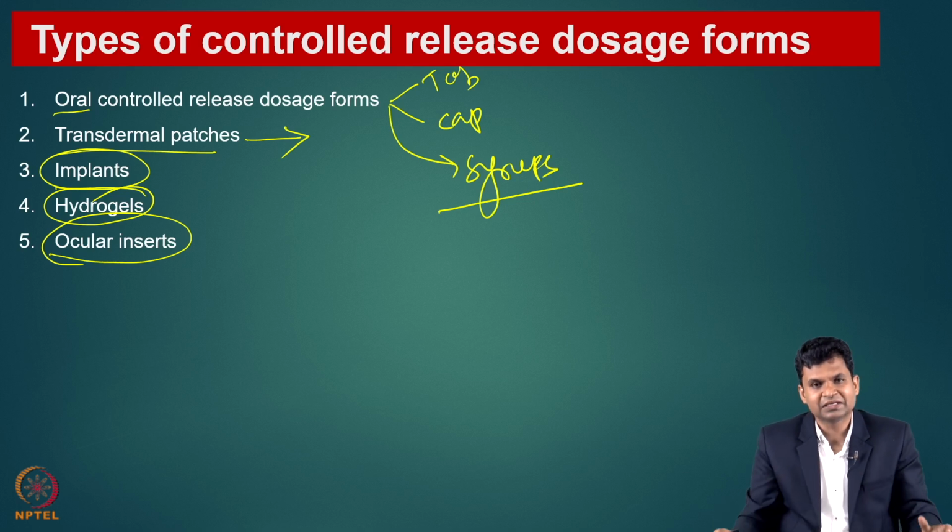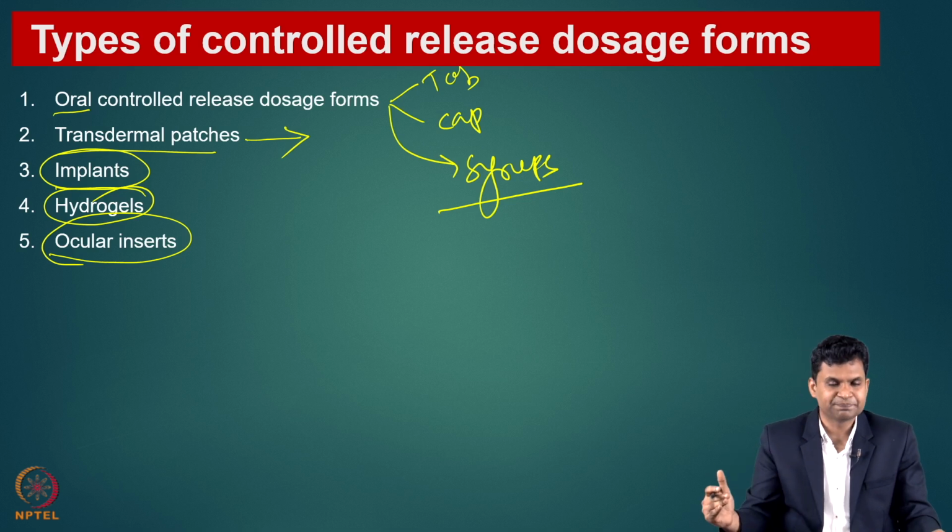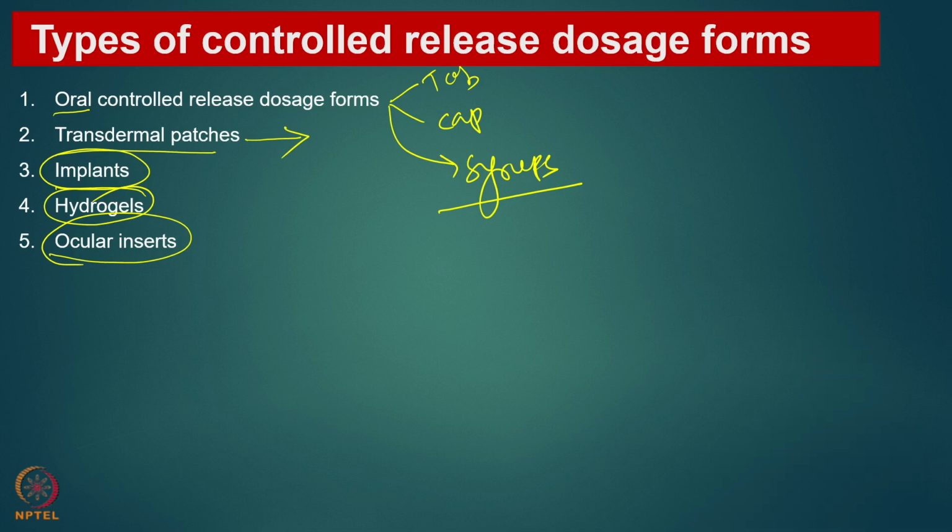We can also make various types of parenteral formulations, which are nothing but long acting injectables. So, with that we can make various types of finished products using all these controlled release mechanisms. With this we are going to stop today's lecture.